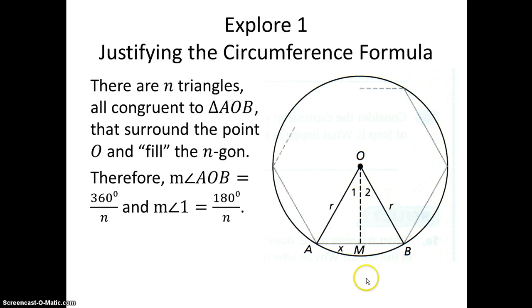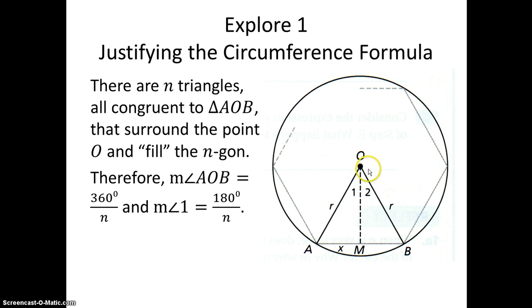So what we can say is that the measure of angle OAB, so this angle here, the sum of 1 and 2, has to be 360 degrees divided by n, the number of sides in the polygon. Why do I say that? Well, because if you remember, all of these angles around the center should add up to 360 degrees.